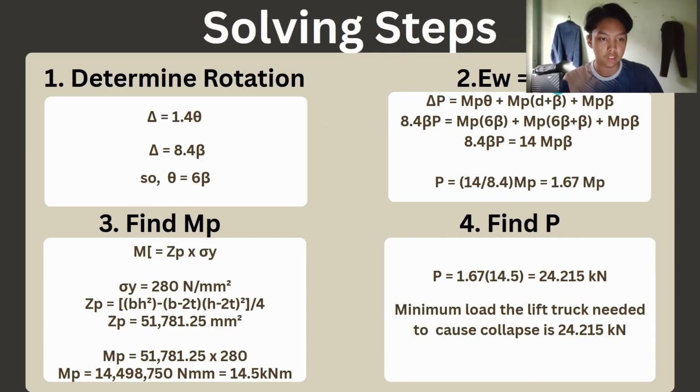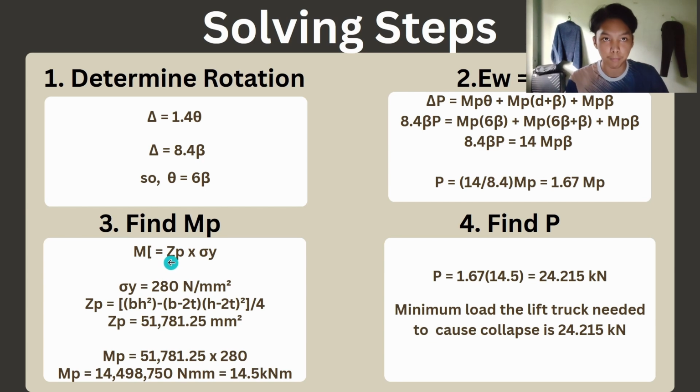So we know that the external work is equal to internal work. So we use this value from earlier and we put it here, and we will get 8.4 beta P is equal to 14 Mp beta. So from this equation, we will get that P is equal to 1.67 Mp.